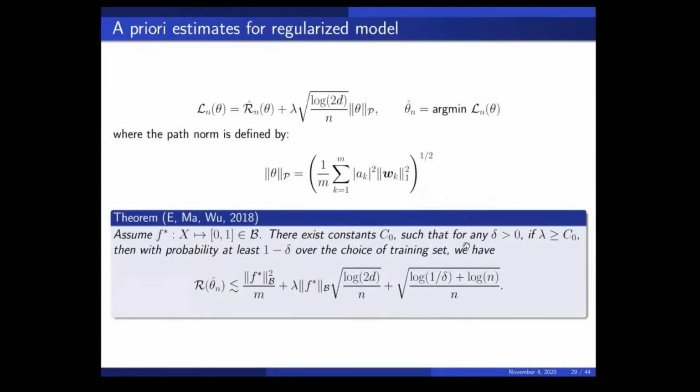So for any delta, with probability 1 minus delta, this is true: the population risk or the test error is bounded by something like 1/m and something like 1/√n, with coefficients defined by the Barron norm, up to some unimportant logarithmic factors.